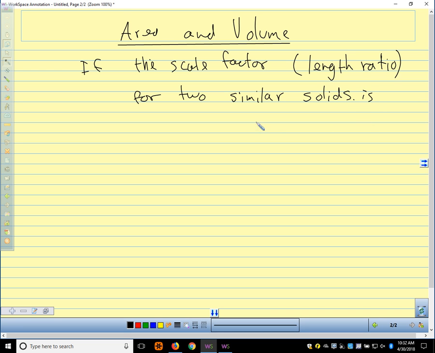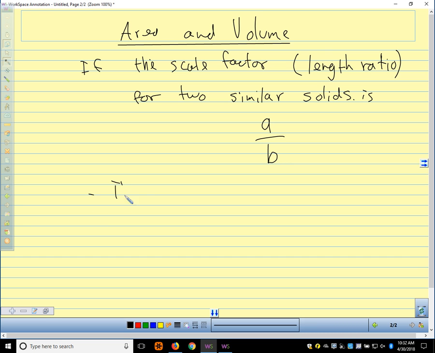So if our scale factor is A over B, we make a ratio of corresponding dimensions: two slant heights, two radii, two base edges. And that ratio is A over B.